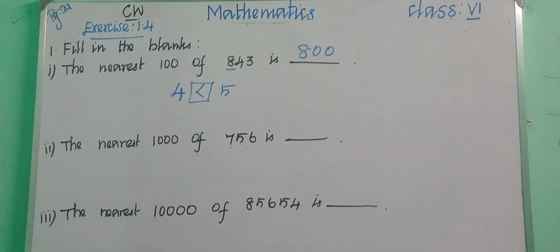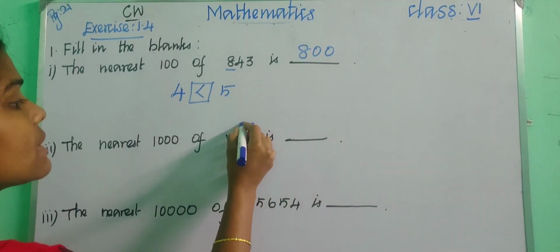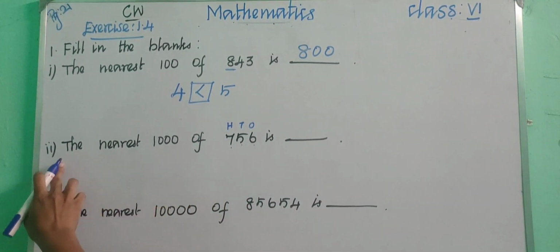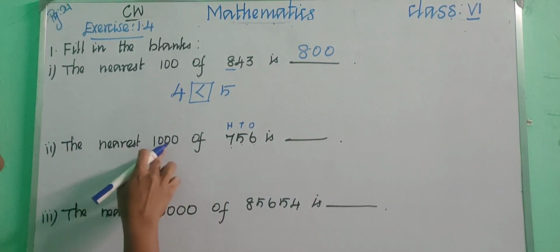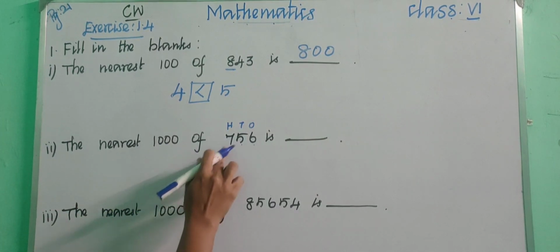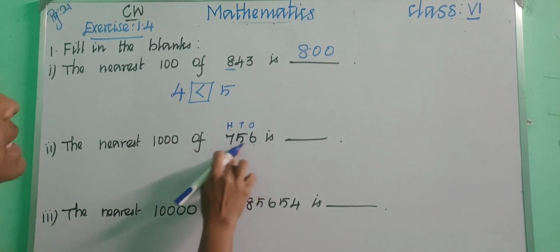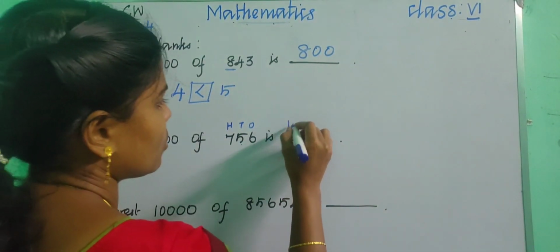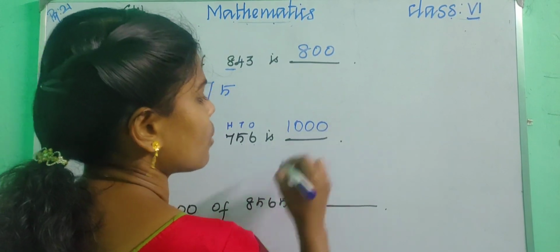But in the question they say the nearest 1000 of 756. So what is the nearest 1000 to 756? The nearest 1000 is 1000, right? So we can write simply 1000.